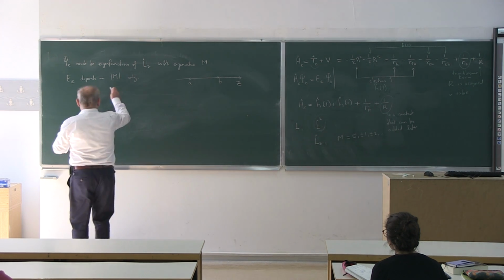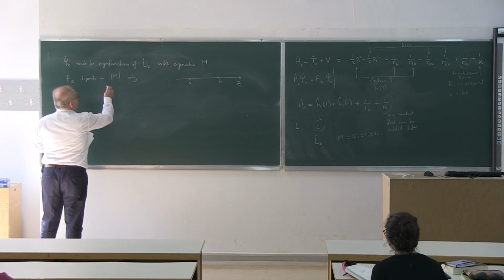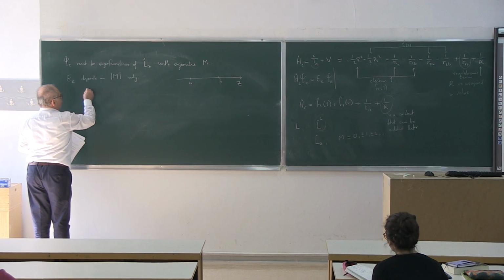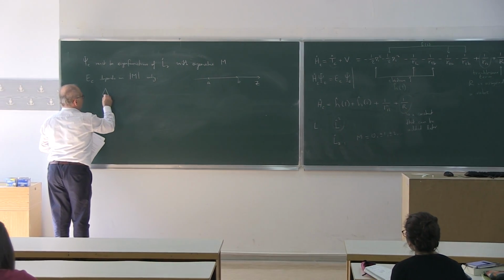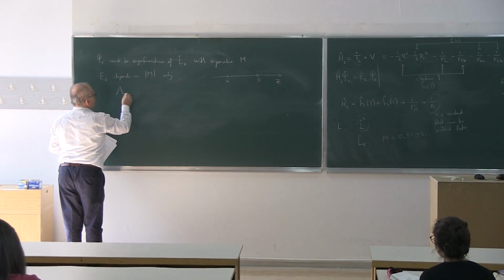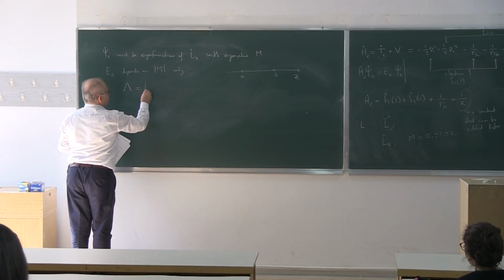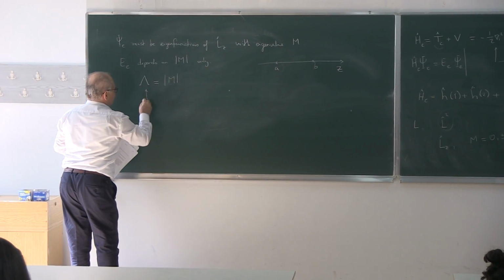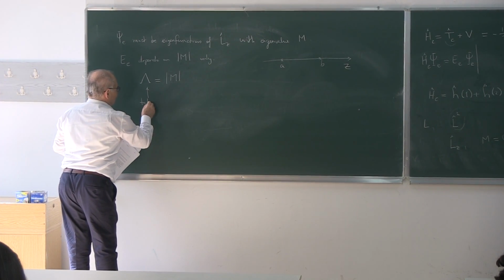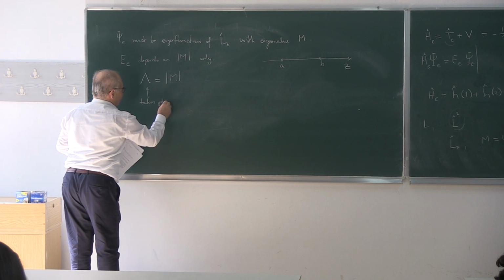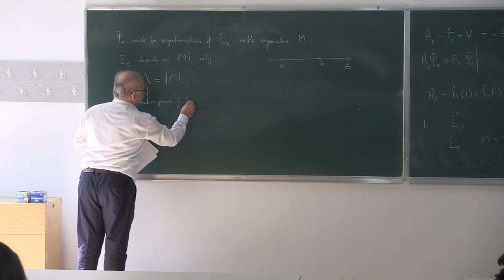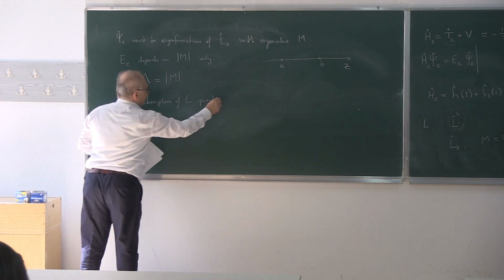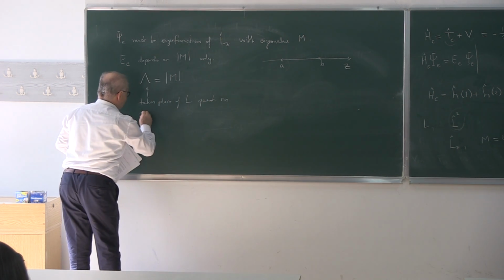Now, in molecules, the absolute value of m is designated by the symbol capital lambda. This takes the place of the L quantum number in atoms.